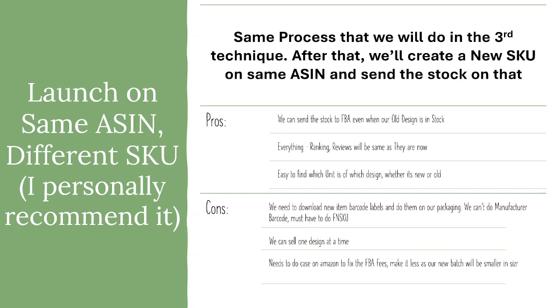It will be easy to find which unit is of which design. For example, if you get a return, as you have different SKUs and both have different barcodes, your stocks will never get mixed up. So this is a positive thing, but the bad thing is that you need to relabel your packaging.